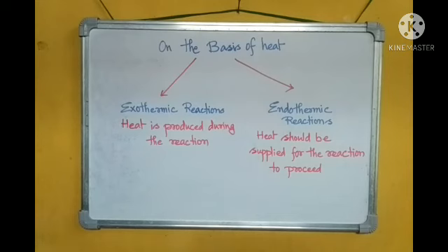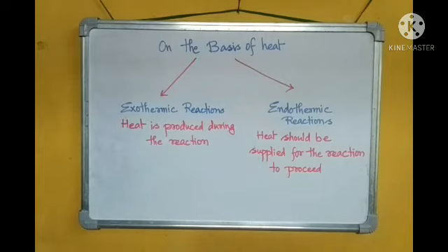In some reactions we have to supply heat, that is, we heat the reactants so that the reaction proceeds. In others, even if we are not supplying any heat, after the reaction completes we see that the temperature increases, so heat is produced.